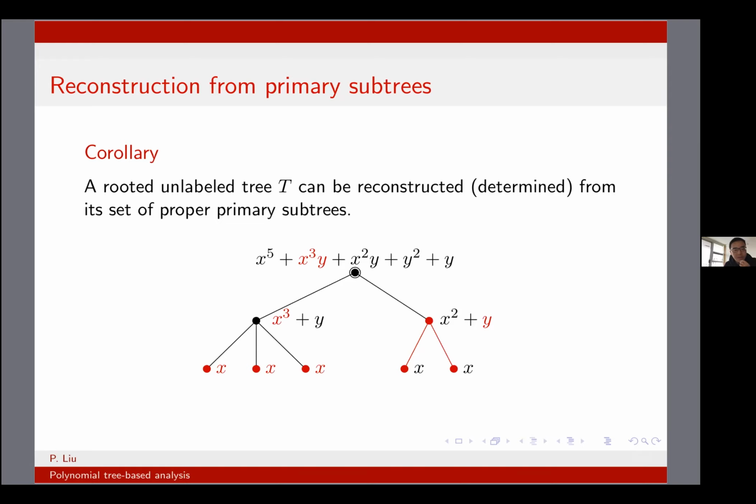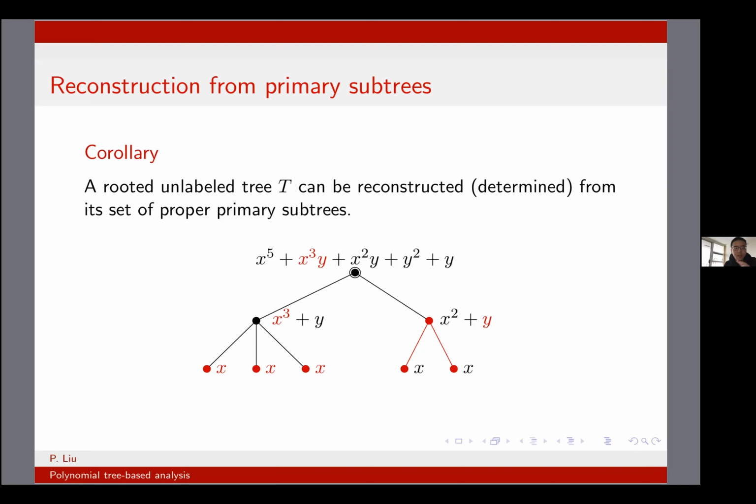We have a one-to-one correspondence between the terms in the polynomial and the choices of clades and leaves, and the complement of the choice of clades and leaves are the so-called primary subtrees. So once we know all the primary subtrees, we actually know all the terms in the polynomial, and all we need to do is just factor the polynomial back into its parentheses.